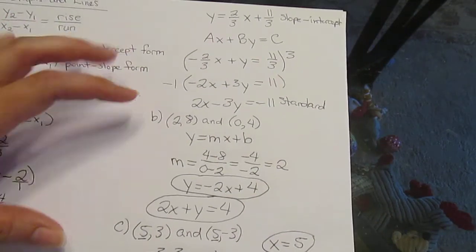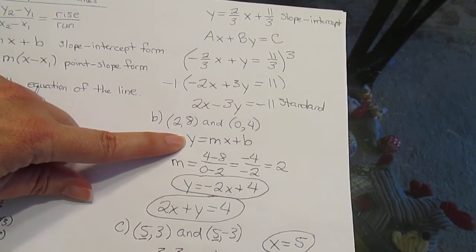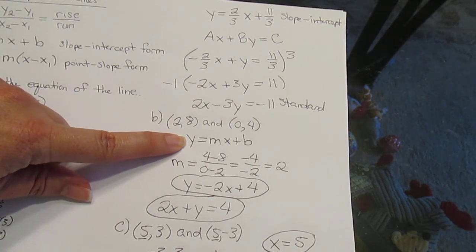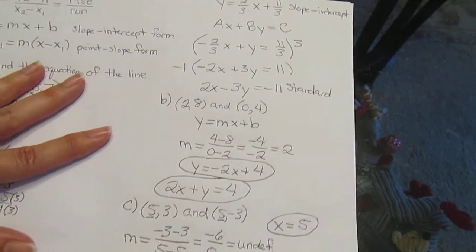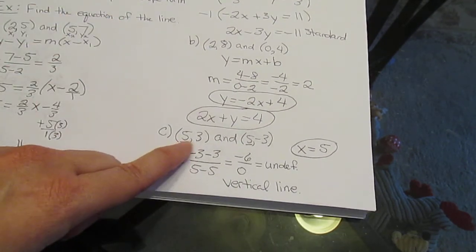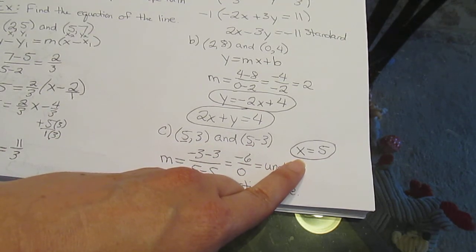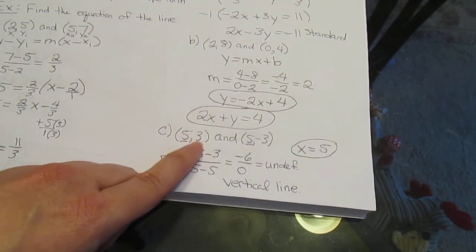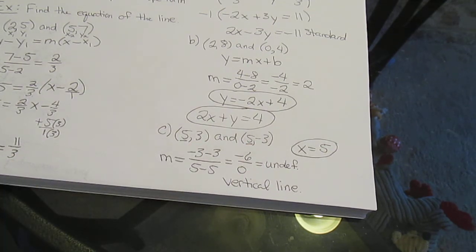If you have a problem where you do have the y-intercept, you can automatically put it into slope-intercept form and save yourself a little bit of work. And then also make sure to check if your x's are the same. X equals whatever that number is going to be your answer. And if the y's had been the same, y equals whatever the y value was would have been your answer.